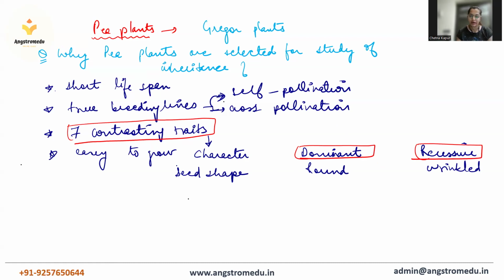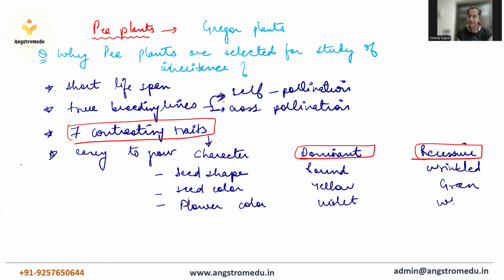You should learn this by heart because any one of these can be asked. Next is the seed color. In seed color, yellow is dominant over green, so it will be expressed in the F1 progeny. Then the flower color. In flower color, violet is dominant over white in pea plants. Next we have pod shape.